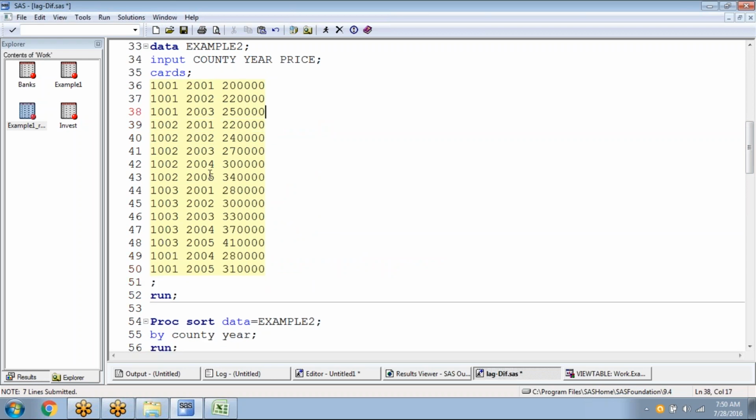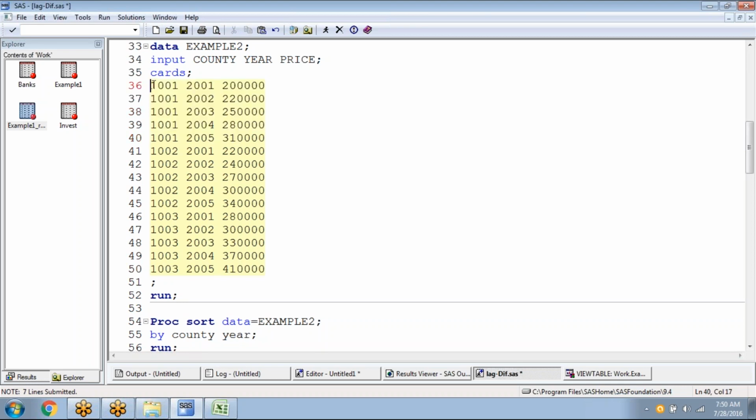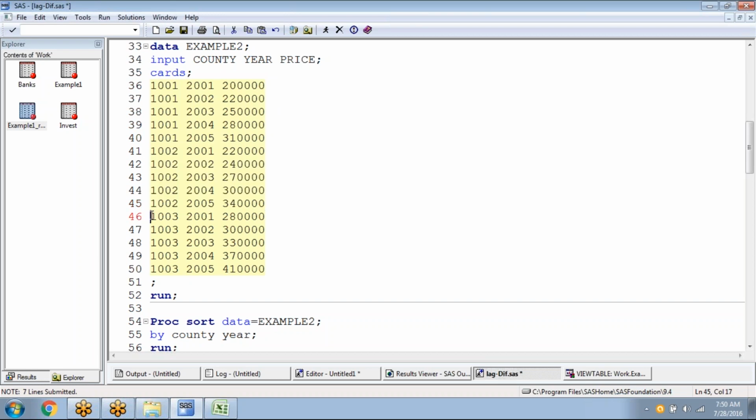If you apply the lag function, it will take the difference of the current record and the previous record, and these two are not related to the same county. So you have to first sort the data and make sure all the related information, in this case county 1001 information, is at one place, county 1002 information at one place, county 1003 information at one place. Otherwise it's not possible for us to apply this logic. So you have to sort your input data.